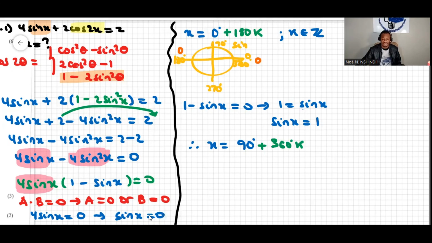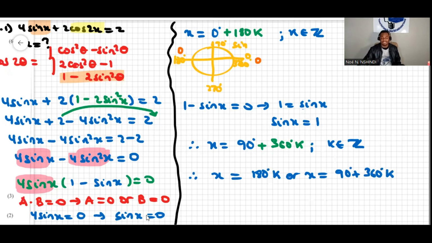Knowing that k is an integer, the general solution will be: x equal to 180 degrees times k, and also x equal to 90 degrees plus 360 degrees k.